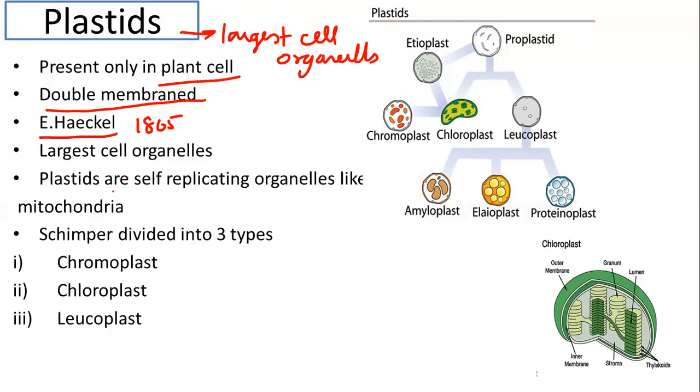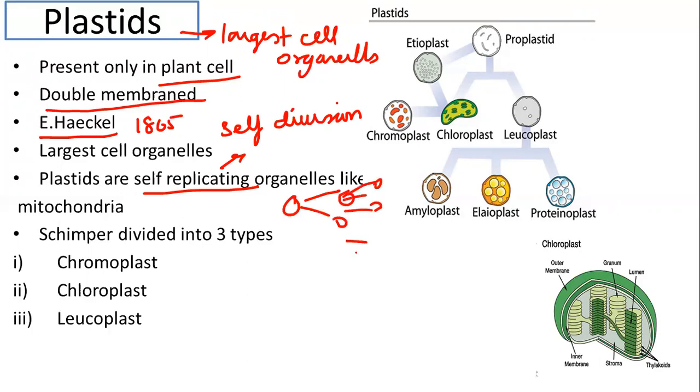These plastids are usually self-replicating, which means they undergo self-division. One plastid will divide into two, two will divide into four, like that. Mitochondria will also undergo direct cell division.